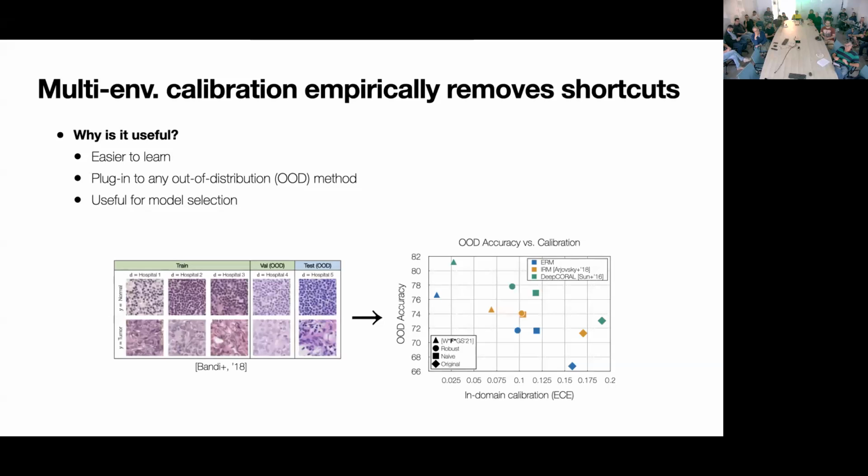If we recall that example from the tumor detection, what you see here on the right-hand side, in the triangles, is a mapping: as you get more calibrated across environments, so the average in-domain calibration error, as that improves, the accuracy of the model on the held-out OOD hospital also improves.